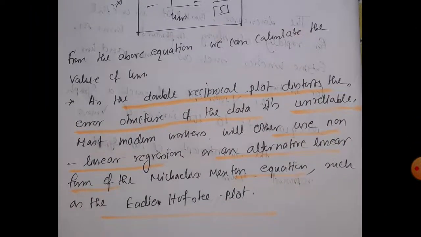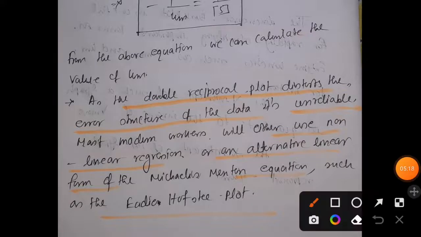Now this double reciprocal plot helps us to graphically represent the Michaelis-Menten equation. There is no doubt about this. But nowadays, for detailed analysis of enzyme kinetics, modern workers use non-linear regression or an alternative linear form of the Michaelis-Menten equation.